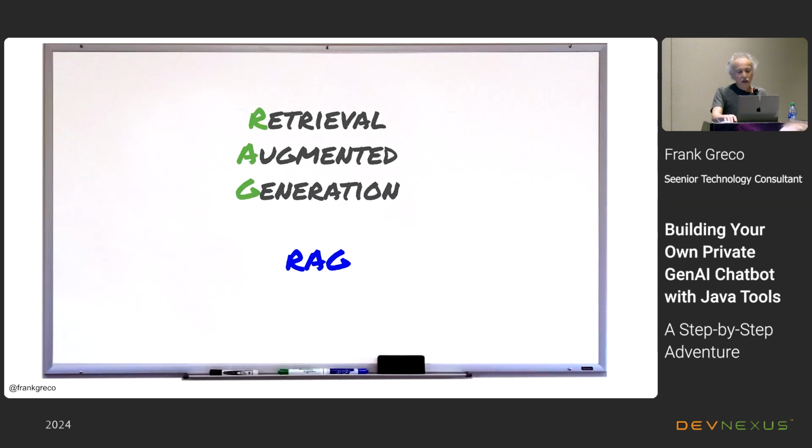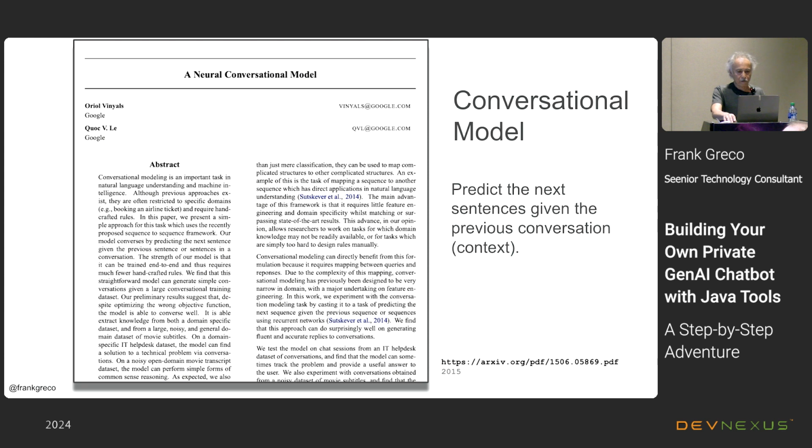So here's RAG. What RAG does in a nutshell: way back in 2015, Google created a model of a human conversation. Sounds kind of weird, but they had to have this paper. That was the base level paper.